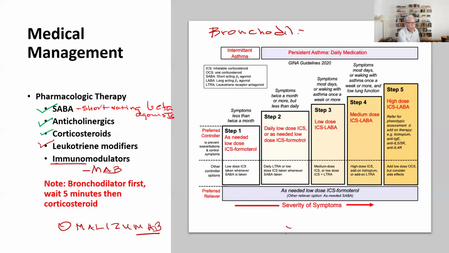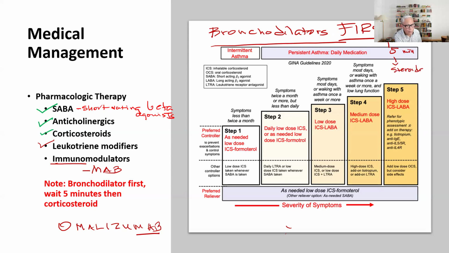So bronchodilators have to be given first before the other drugs, such as corticosteroids, for example. So if you have orders for a bronchodilator and a steroid, you need to give the bronchodilator first, wait for 5 minutes, and then you would give the steroids.